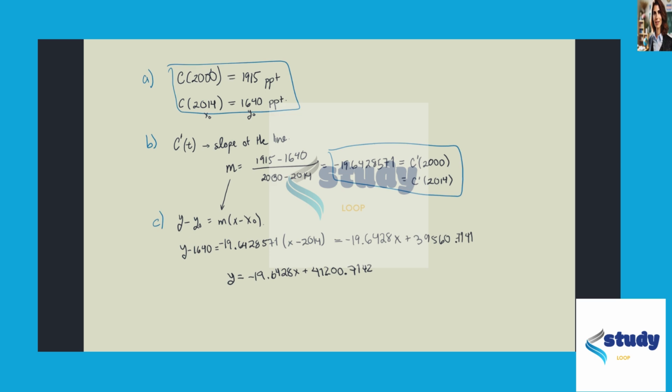Okay, and this is the equation of the line we were looking for. Now we can write this as C of t, where the variable is the time. So this is the equation we were looking for.